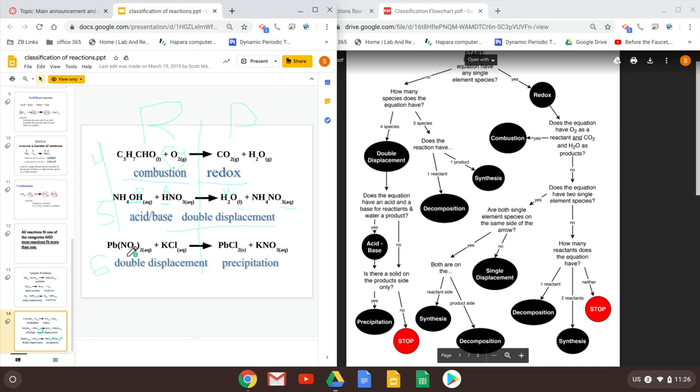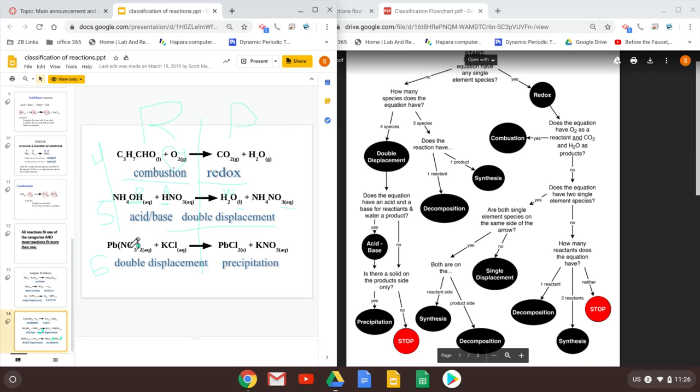Finally, the last problem we have, it's classified as double displacement and precipitation. We got PbNO32 plus KCl yields PbCl2 solid plus KNO3 aqueous. So we always start at the top. Does the equation have any single element species?